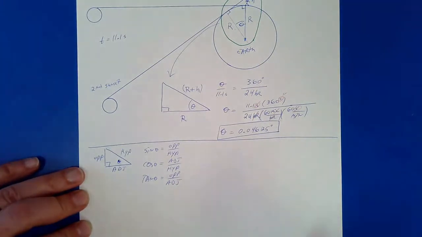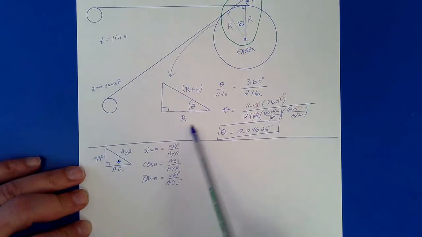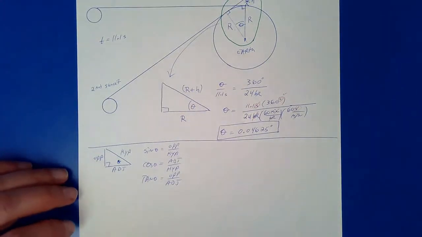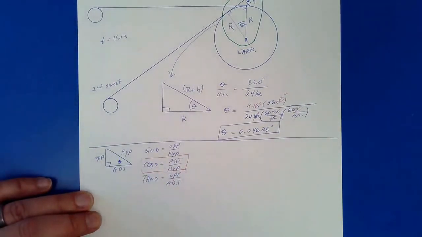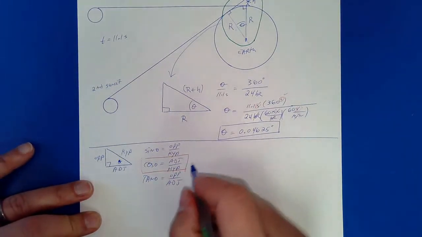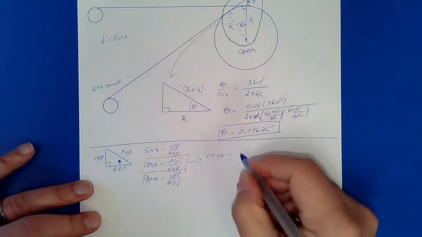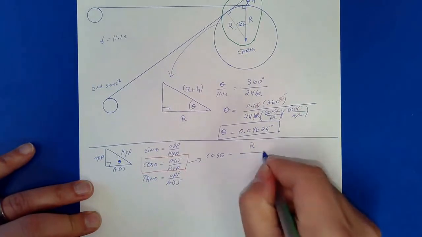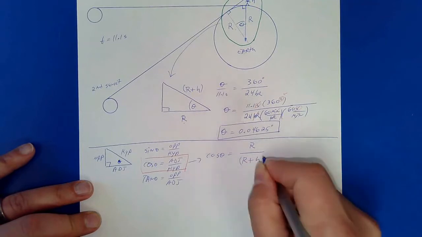In the case of this triangle, the adjacent side is r and the hypotenuse is r plus h. So I'm going to use the cosine function to solve for the radius. Cosine of theta is equal to the adjacent side, r, divided by the hypotenuse, r plus h.